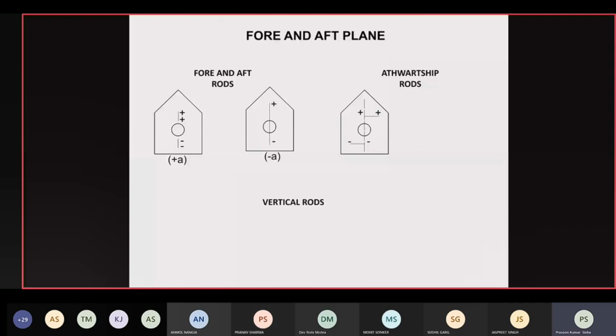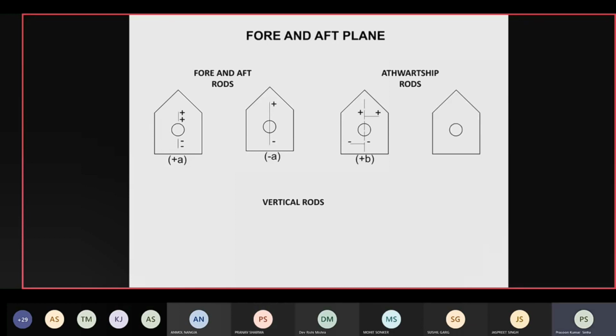The aft rod is also a positive rod because again plus plus minus plus plus plus minus minus plus. And so these rods will be termed as positive B. Now I think you are beginning to expect what comes next.